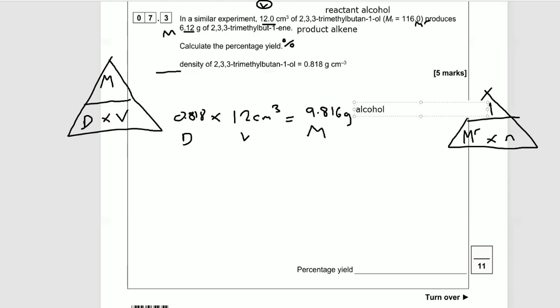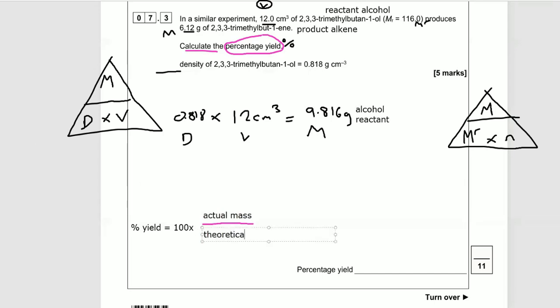That's going to score you your first mark for working out the mass of the alcohol that we've got at the start. Now we can work out the moles of alcohol that we've got. We know that we've got 9.816, and we've been given the Mr is 116. Remember that percentage yield, which we're going to need for the final part of the calculation, is the actual mass over the expected or maximum theoretical mass.